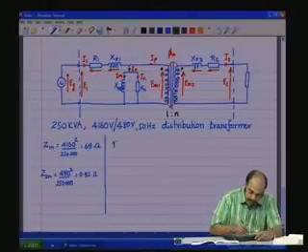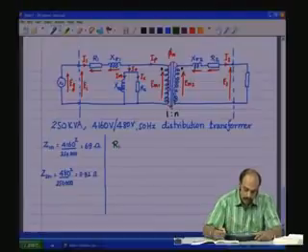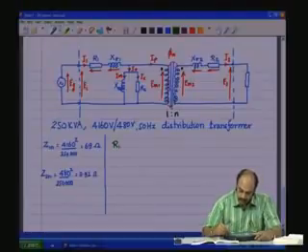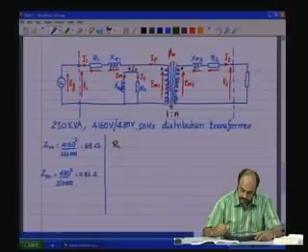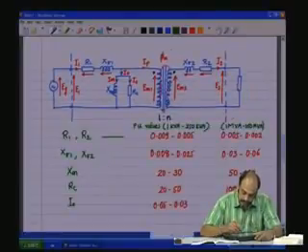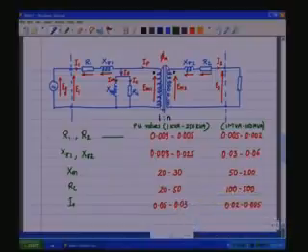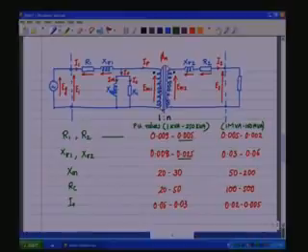So, now R1. We look at the table and we are talking of the 250 kVA transformer, and therefore, let us take these values for consideration. So, R1 and R2, the per unit value is 0.005.